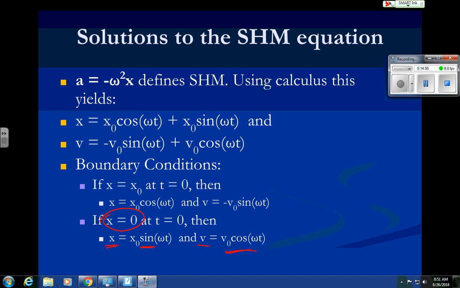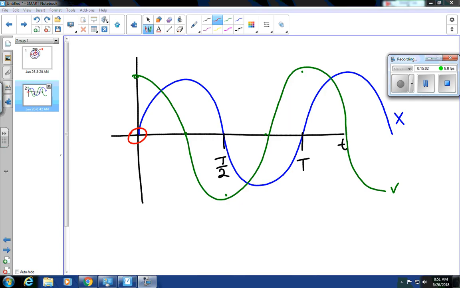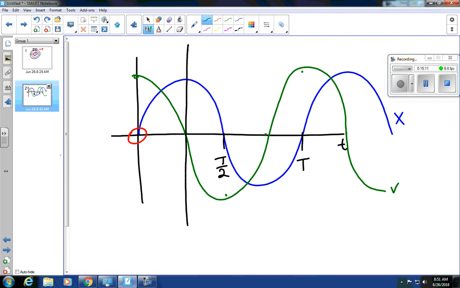However, if the object, instead of being at equilibrium when we started, was at maximum displacement, or at its amplitude when we start? Well, that means t equals 0 would be right there. Okay, now we have t equals 0.